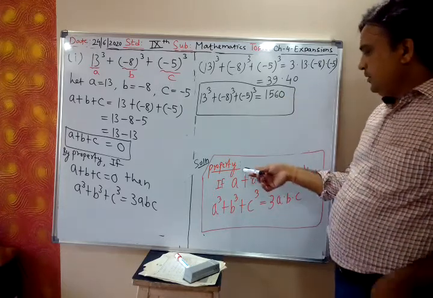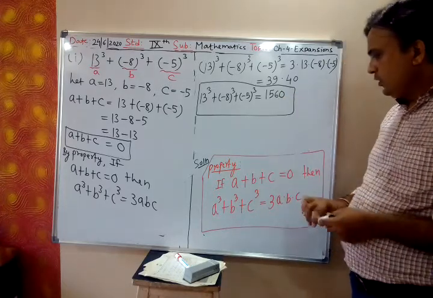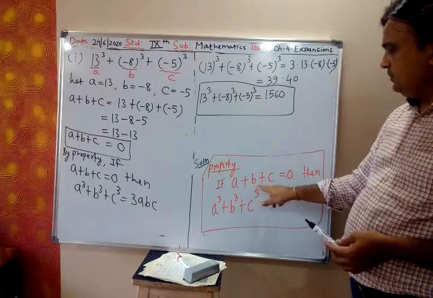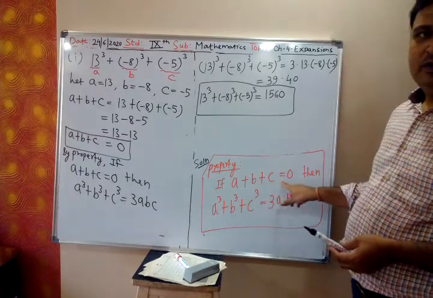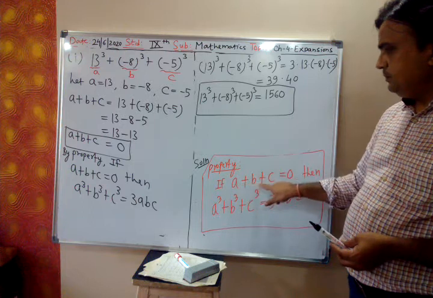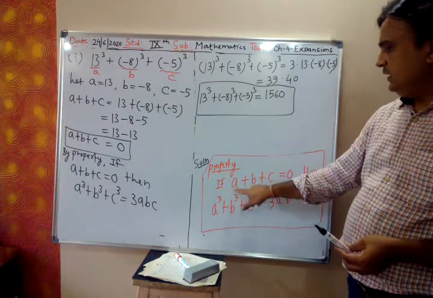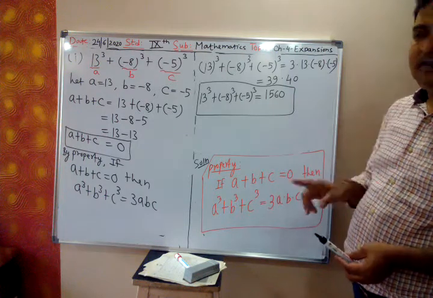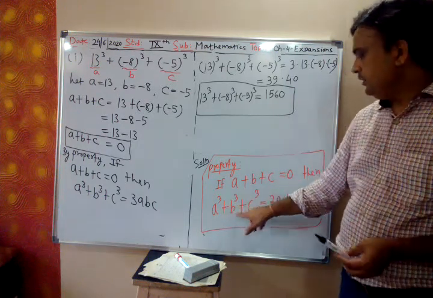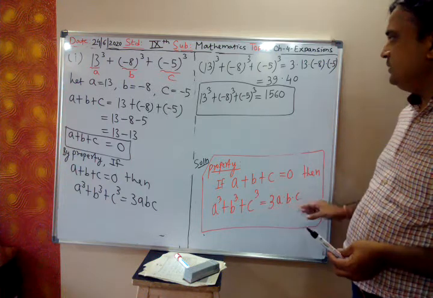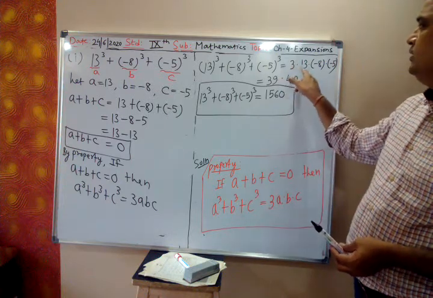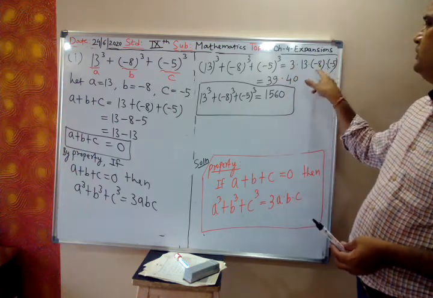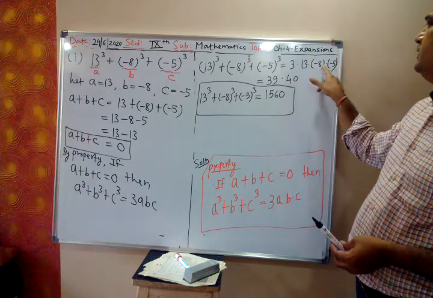So this property we apply only when A plus B plus C is 0. If A plus B plus C is 0, then only we can apply this property, that A cube plus B cube plus C cube is 3ABC, that is 3 into A into B into C. So 3 into 13 into minus 8 into minus 5.